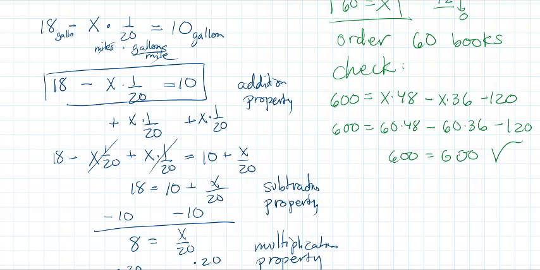Let's also look at how realistic this result is. We said that he should order 60 books. And that makes sense. 60 books is a reasonable number of books to order for a class or for a grade year. And so this makes sense. And if he will order these books, he will make $600.